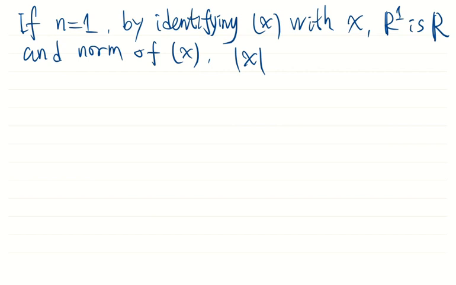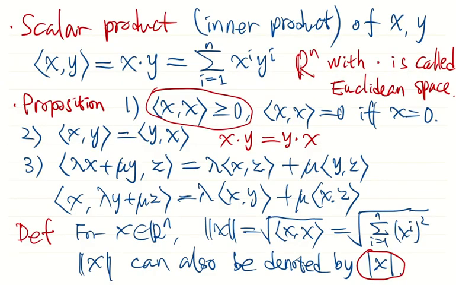It's exactly the absolute value. So this justifies using the single bar notation for the norm. Okay.